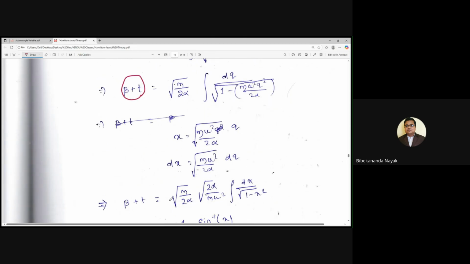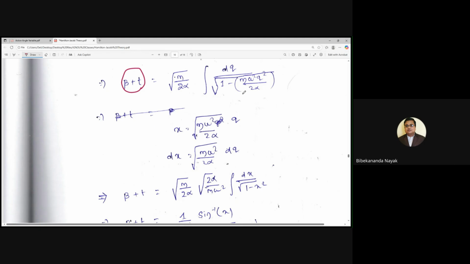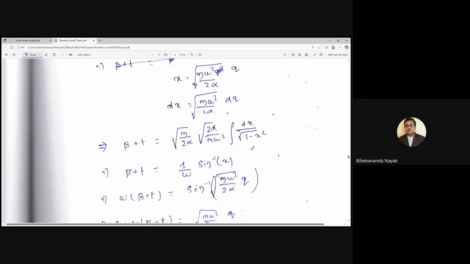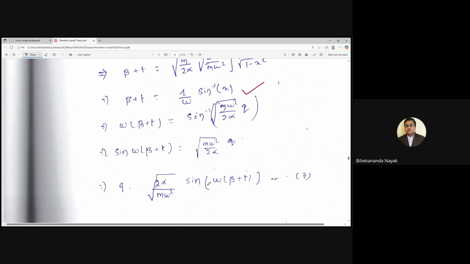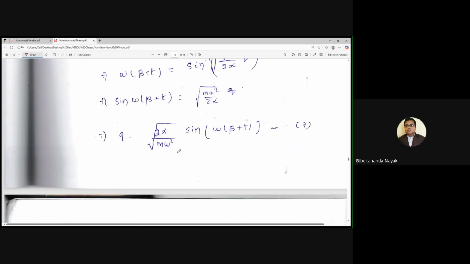For integrating, substitute this quantity as x squared. So it is root over x squared, whose integration will be sine inverse x. So finally you get sine of ω(beta plus t), or Q is equal to the square root of 2α over mω² times sine ω(beta plus t).